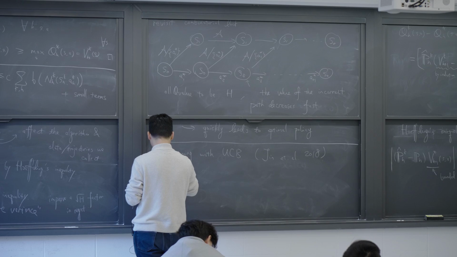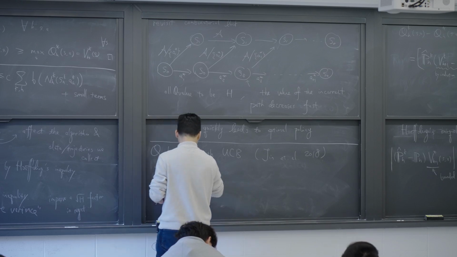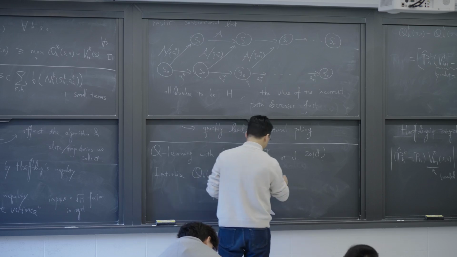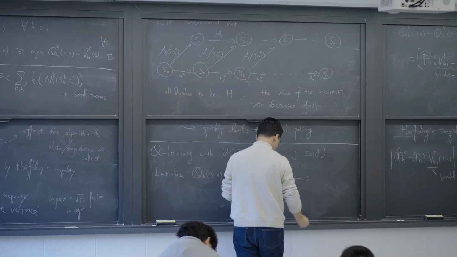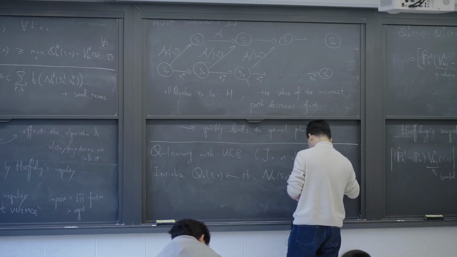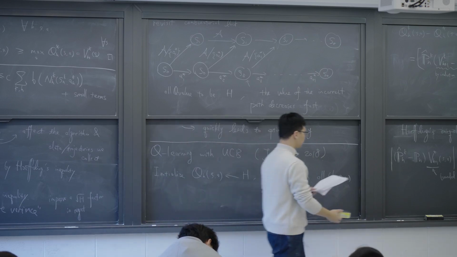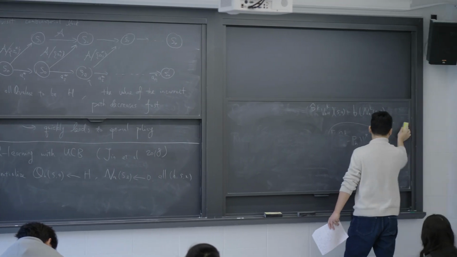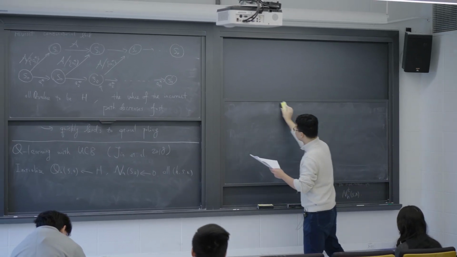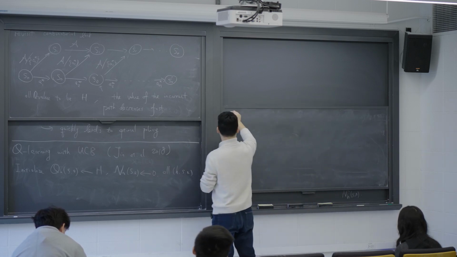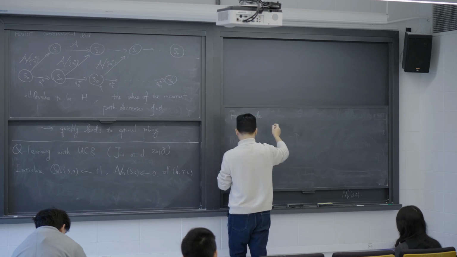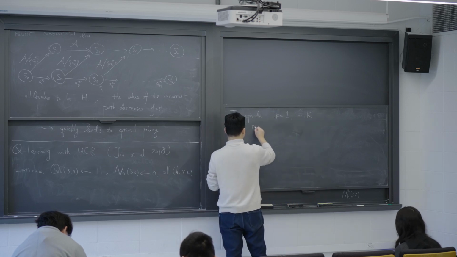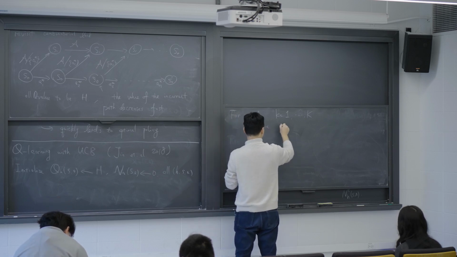Again, we initialize all the Q values to H, and N_h(s,a) equal to 0, which is the count for all h, s, a. Then we do a for loop over episodes, k from 1 to capital K. We first receive the initial state s_1.